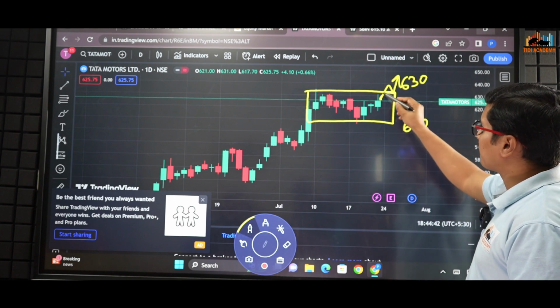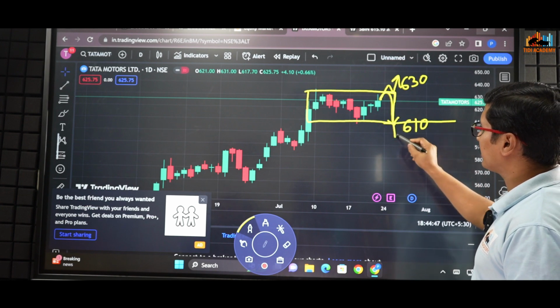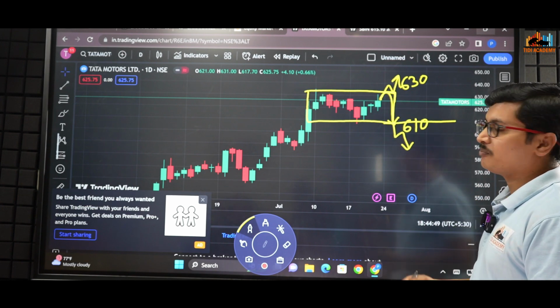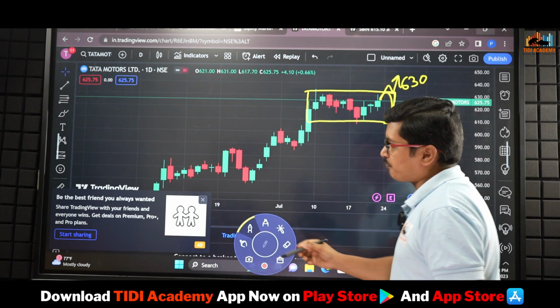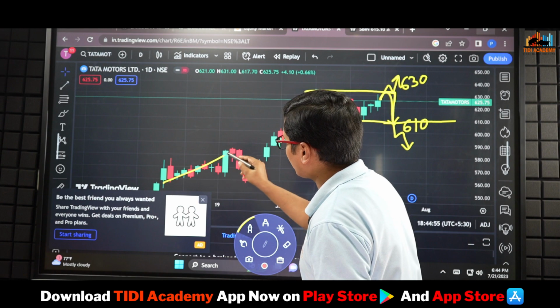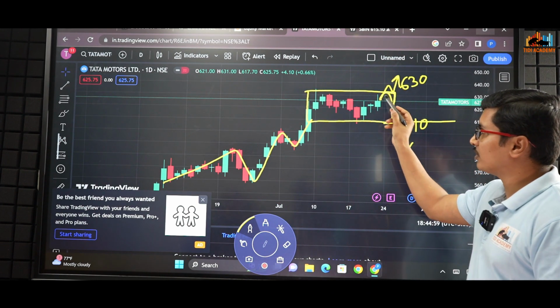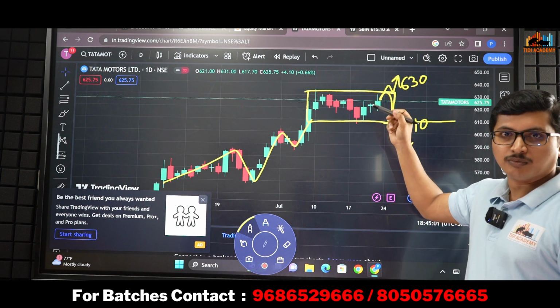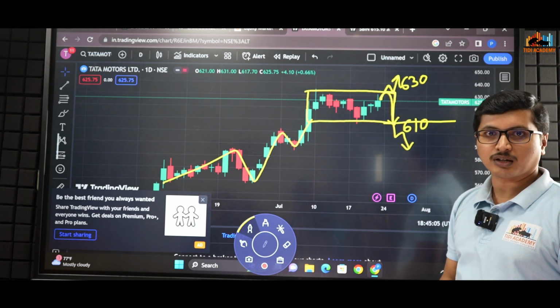Or else if it comes back and breaks the lower level around 610, we can see further downside in Tata Motors. One more thing is that Tata Motors is in a complete uptrend mode and it is making a sideways movement, so by doing this we can expect further upside movement in Tata Motors.